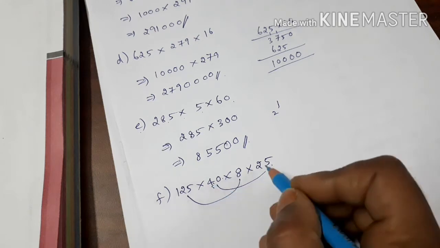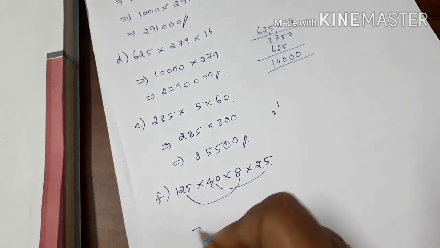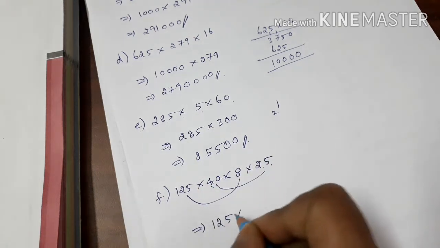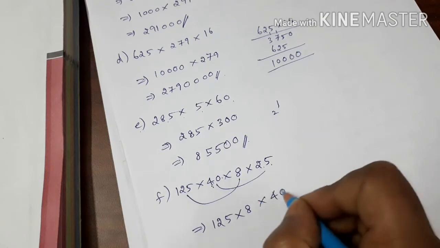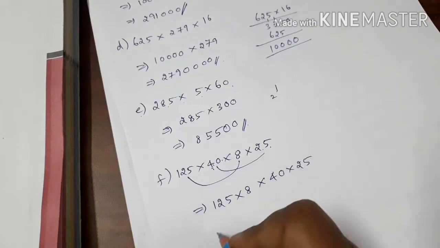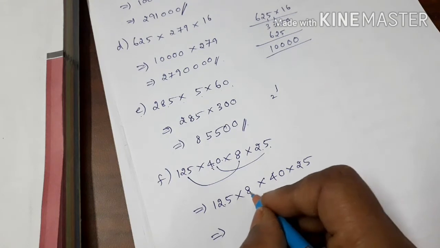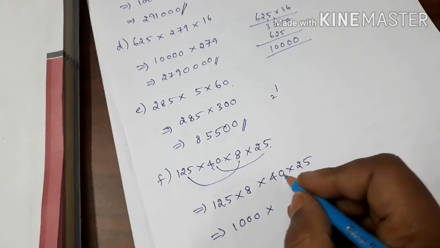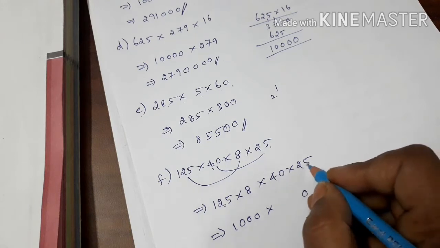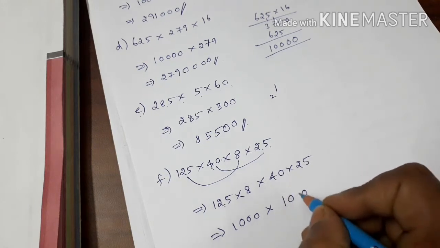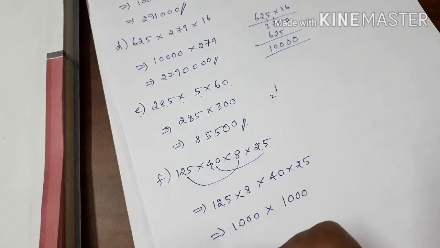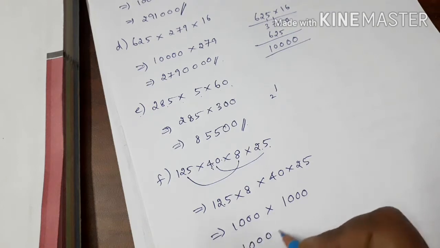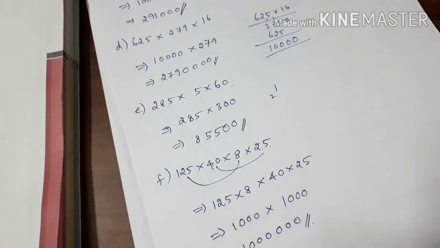We can rearrange first: 125 into 8 into 40 into 25. 125 into 8 is 1000. 40 into 25, the 0 comes first, 4 into 25, 100. 1000 into 1000. And this is the answer.